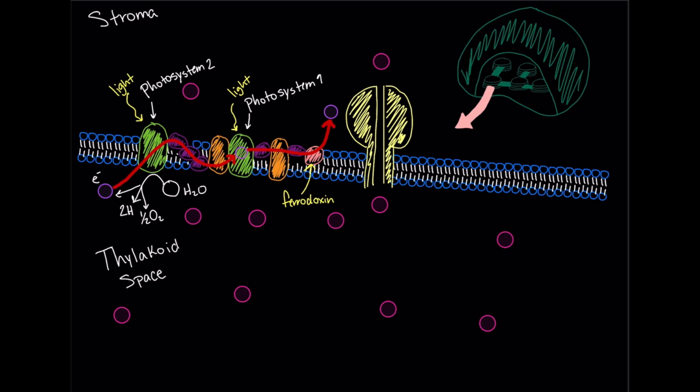And the ferredoxin, what it does is transfers electron to the electron carrier NADP. So let's represent this as well. Let's just do it over here.